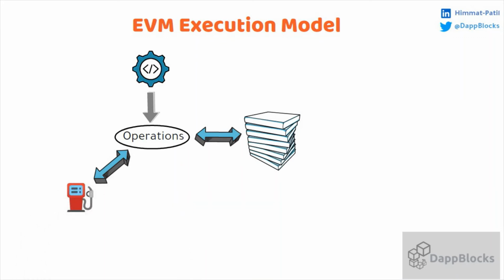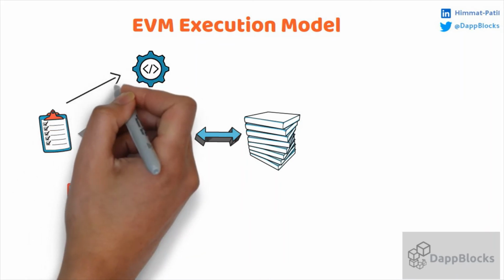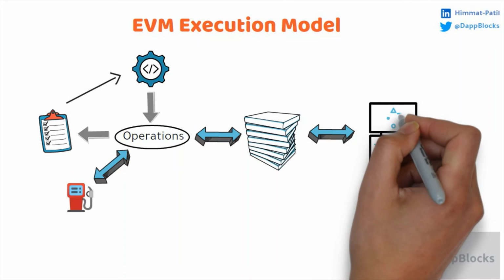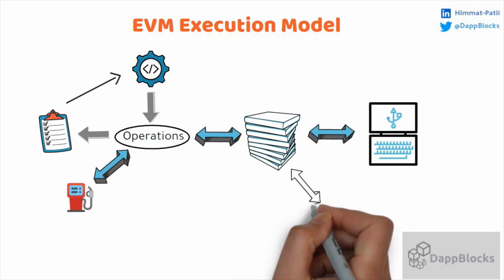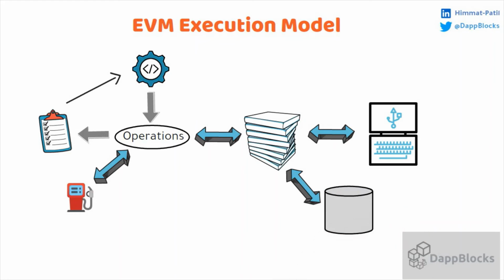If gas is available, then only it will execute that operation, else it will fail with out of gas exception. Program counter is used for providing next operation memory address from EVM code. Stack always has access to the memory and the storage. Memory is used as per operation type, and at the end of EVM execution, it will update the account storage with the new transition state.